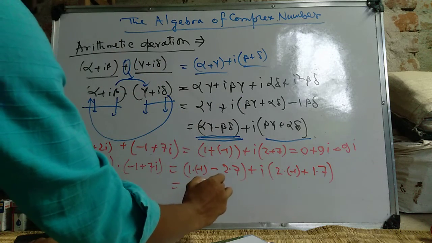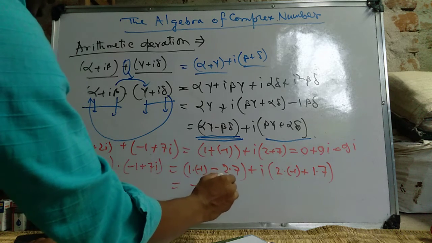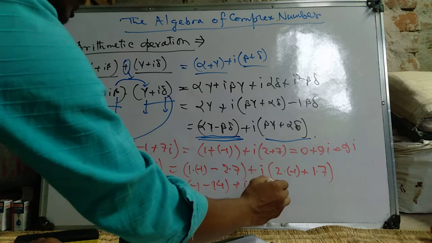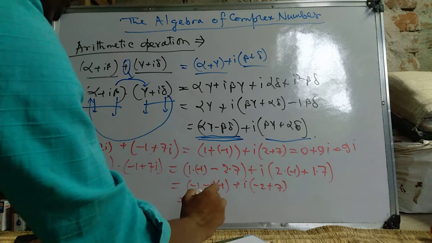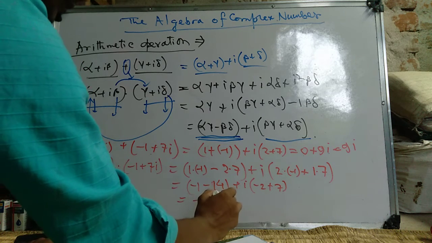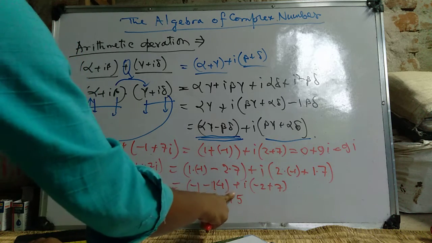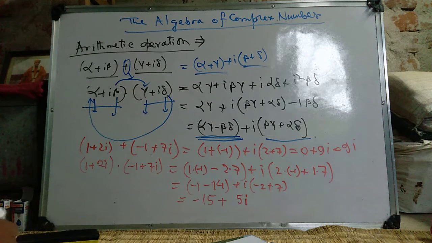We obtain here minus 1 minus 14, and here plus i times minus 2 plus 7. Then the result is minus 15 plus 5i. Okay, that means minus 15 plus 5i is the required result of this multiplication.